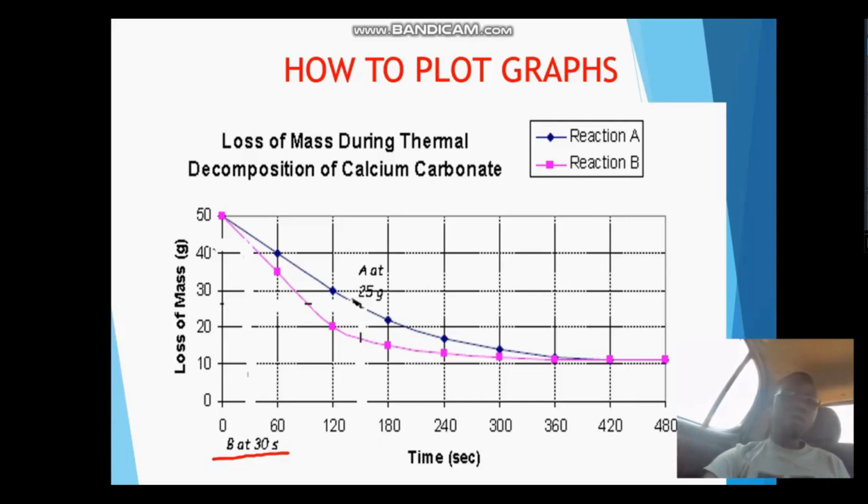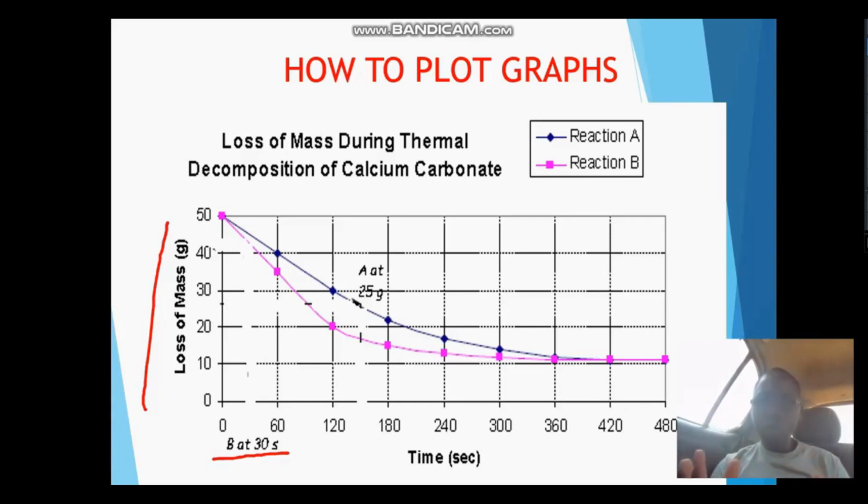Then on the mass loss, which is the other axis, every interval is divided by 10. So 10, 20, 30, 40 and 60. So using the data now, you correspond the information. We'll see a very beautiful graph like this one coming out.